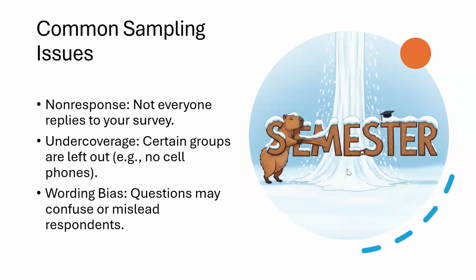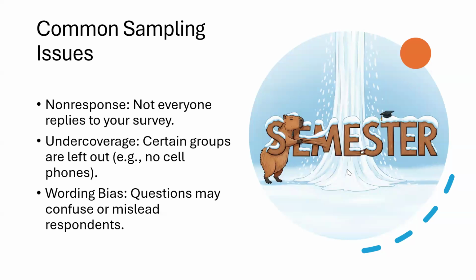Even with the best intentions, sampling can go wrong. Non-response happens when people don't reply. If mostly motivated students answer a satisfaction survey, then you're missing key voices. Undercoverage happens when certain groups are unintentionally excluded.